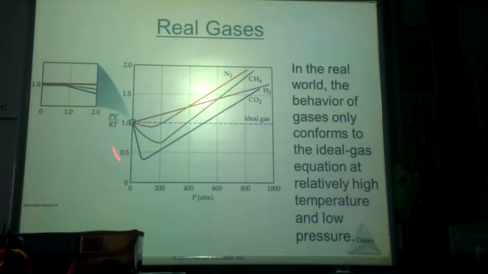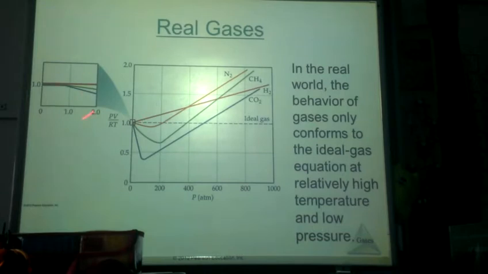In this graph, we zoomed in on this particular one at 1 mole, where PV over nRT is equal to 1. On the y-axis, I'm graphing PV over nRT, and on the x-axis, I'm graphing pressure.